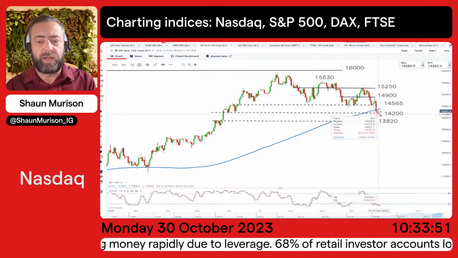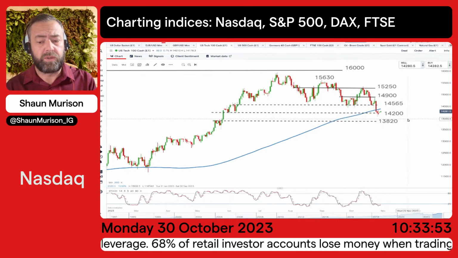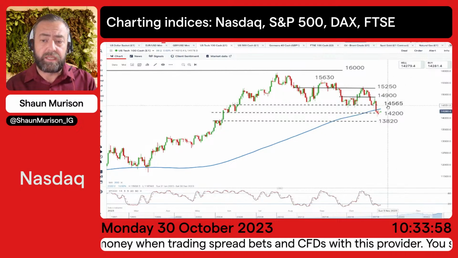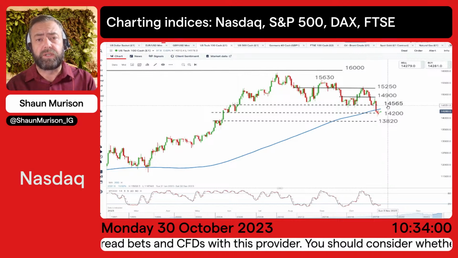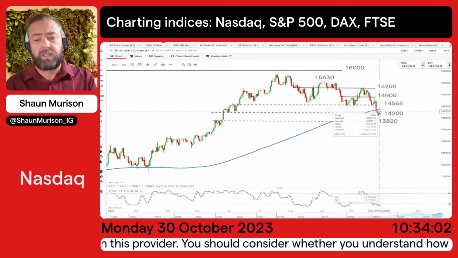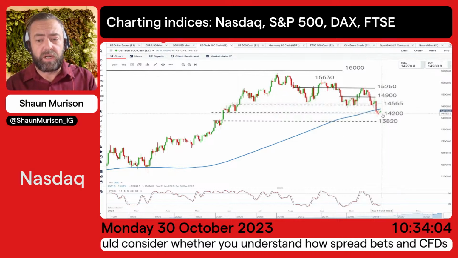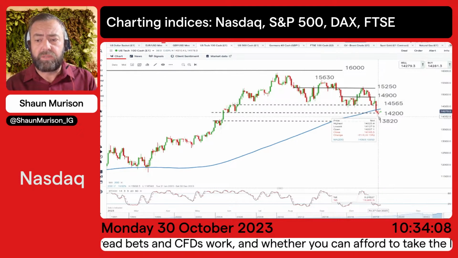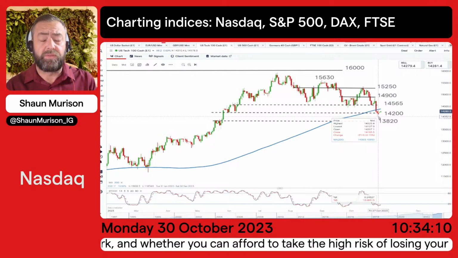At the moment, we are finding some support at that 14,200 mark and in oversold territory. The next resistance level is sitting at about 14,565. Traders might consider having a stop loss on a close below that major low, probably around 14,052.